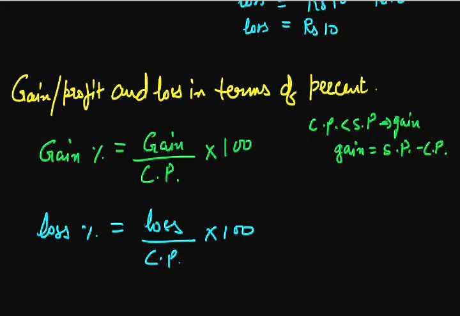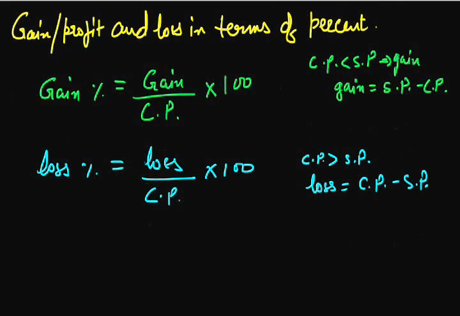In the case of loss, we know that the cost price is greater than the selling price. Therefore, the loss will be equal to cost price minus selling price. Now there is a difference between gain and gain percent.